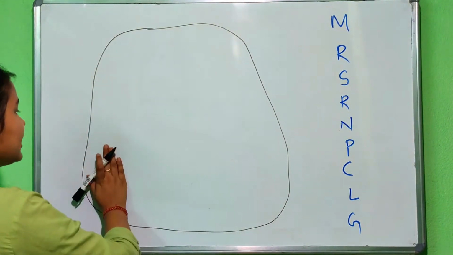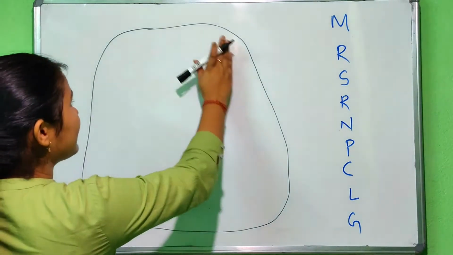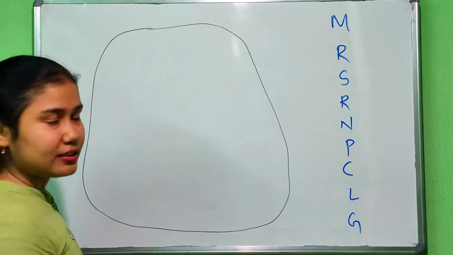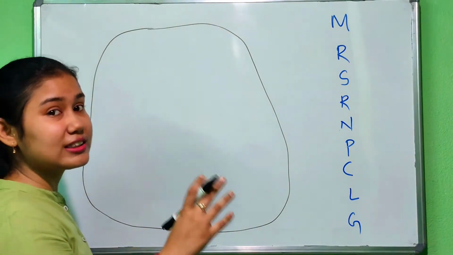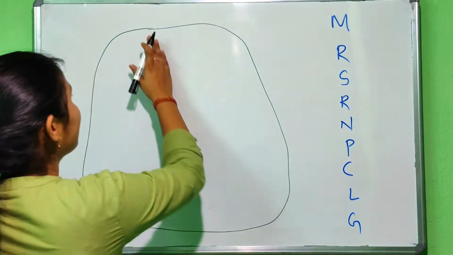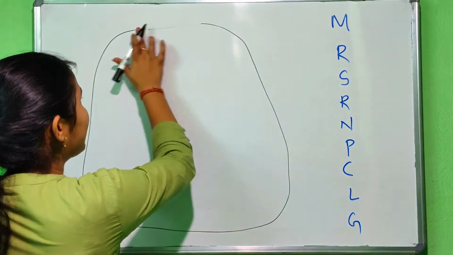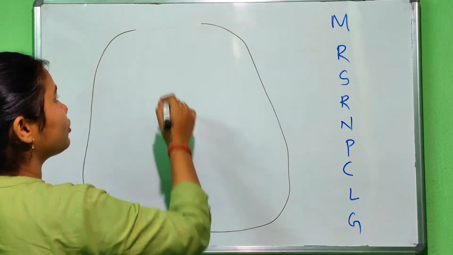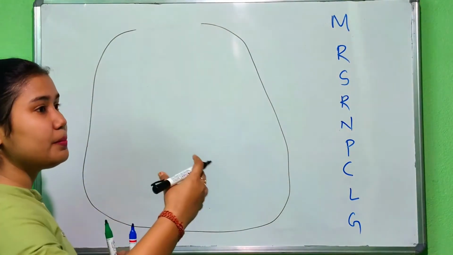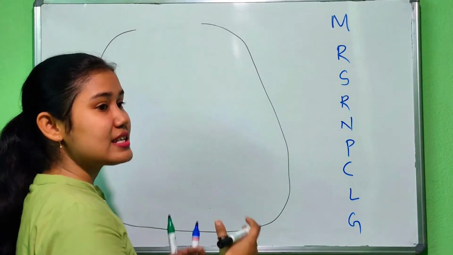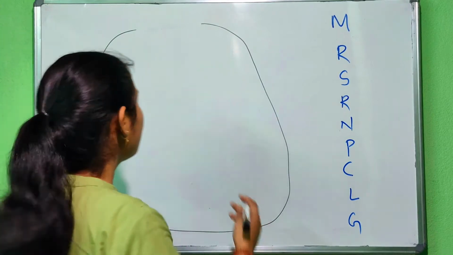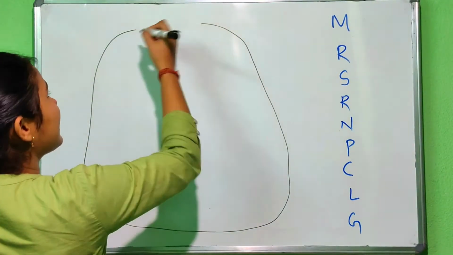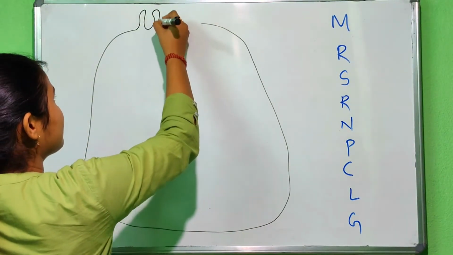Okay, so in the plasma membrane various structures are present, typical structures called the microvilli. So what are the microvilli? The microvilli are the membrane outgrowths which help in increasing the surface area of absorption. They are finger-like projections. So let's draw.